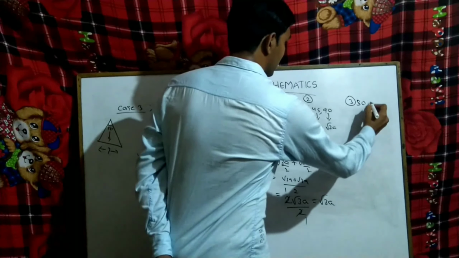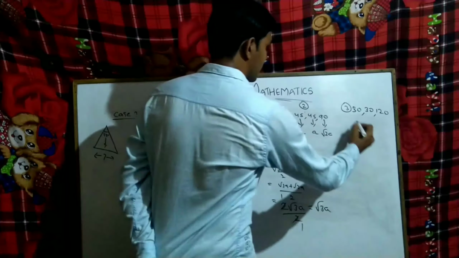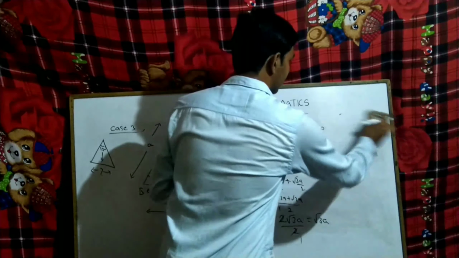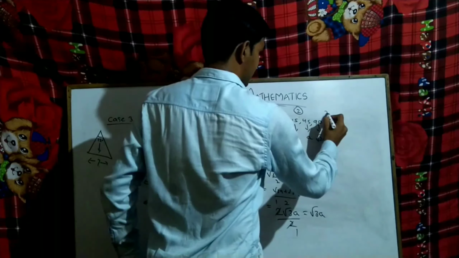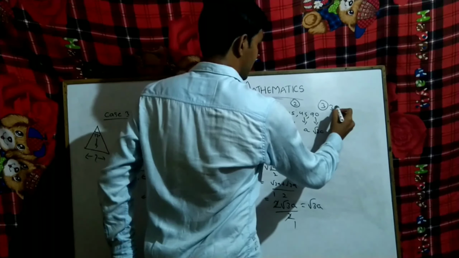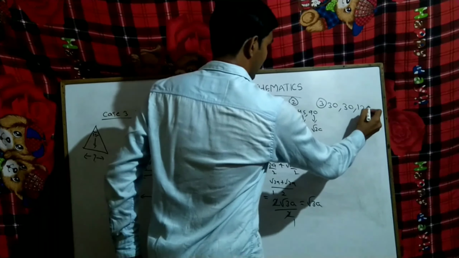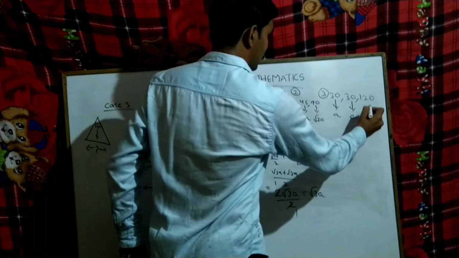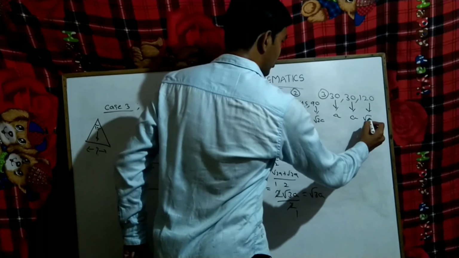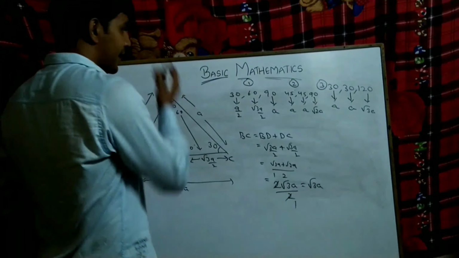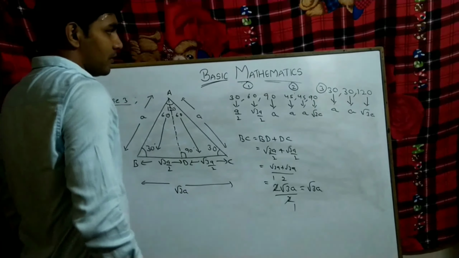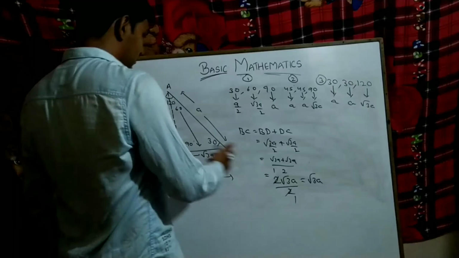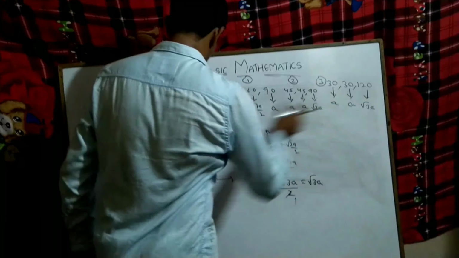I will write it properly. This is third: 30, 30, 120. The sides opposite 30 are a and a, and the side opposite 120 is root 3a. Okay, clear?